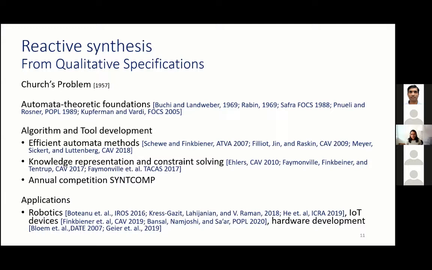And once the theoretical foundations were well developed, more recent work has focused on designing tools and algorithms which are scalable and efficient, and their applications. I've given a representative set of some of the recent works. This is not an exhaustive list by any means, but this is just to show the amount of work that has been done in reactive synthesis from qualitative specifications.